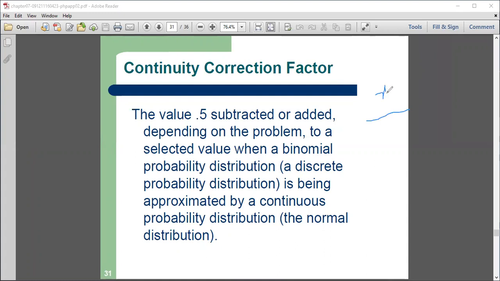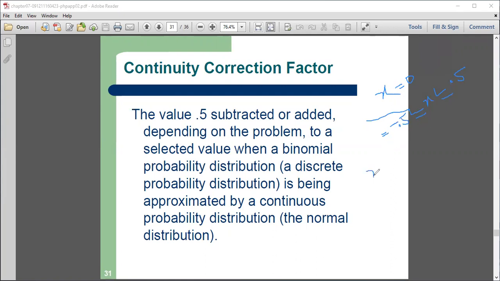So if x is equal to 0, the continuity factor will be minus 0.5 is less than or equal to x is less than or equal to positive 0.5. We are doing this for when x is equal to 0.